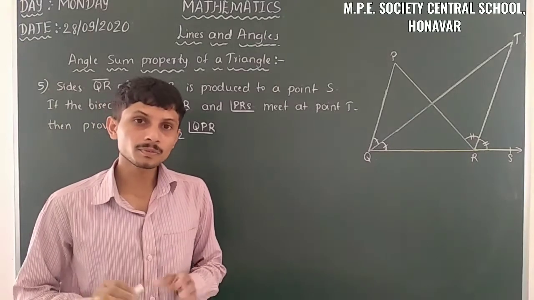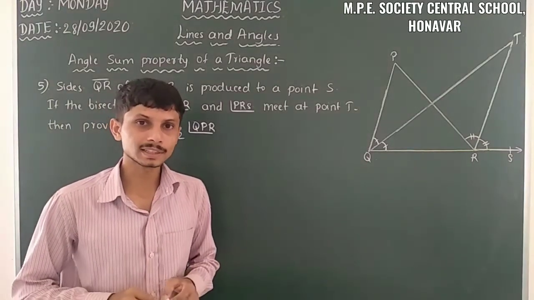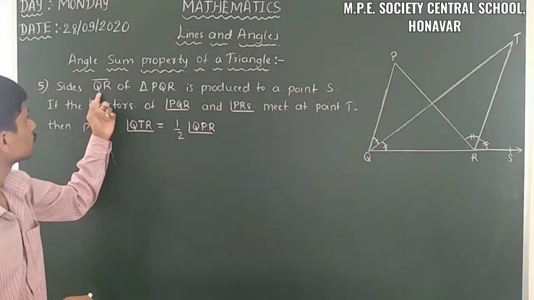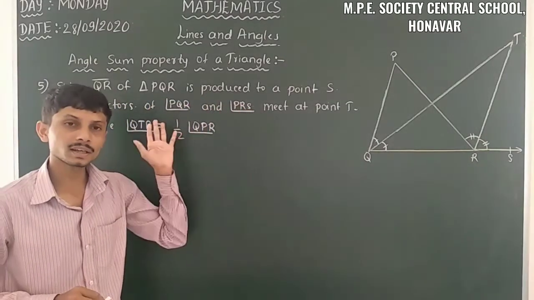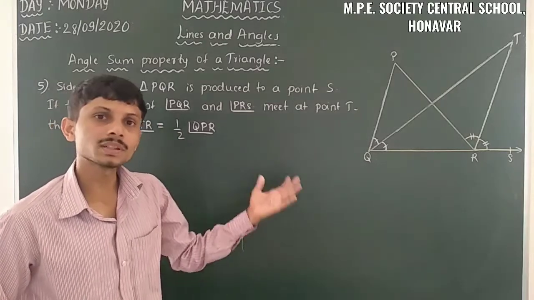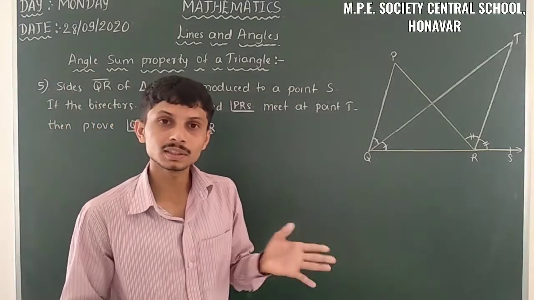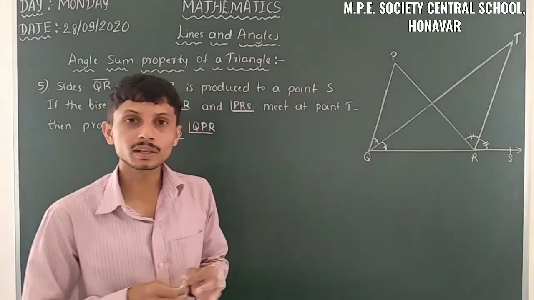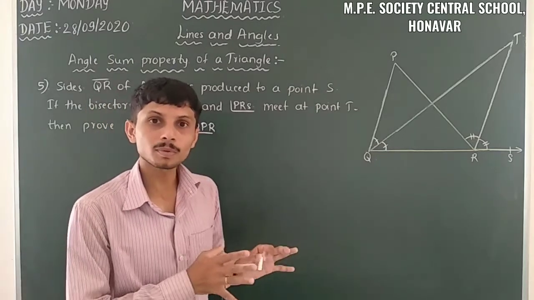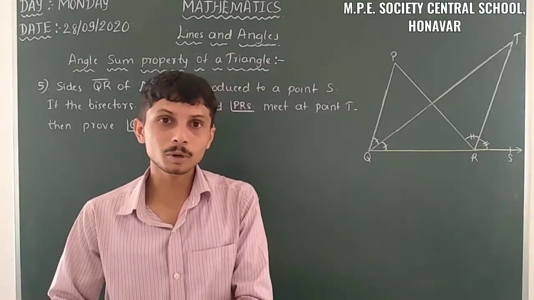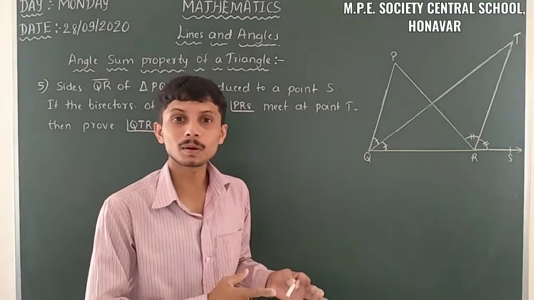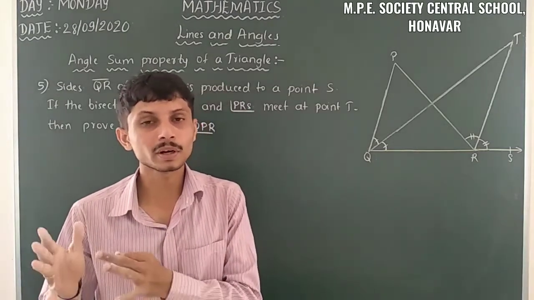Yes, the fifth problem tells us that the side QR of triangle PQR is produced to a point S. That means one of the sides of the triangle is produced. We can assume that this problem belongs to lines and angles, to the angle sum property of a triangle, and to theorem 6.8.